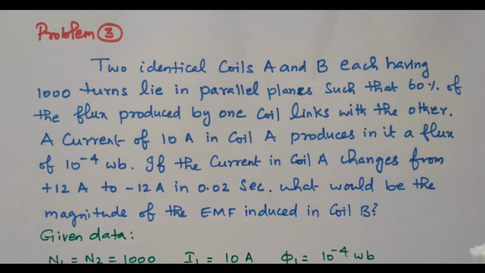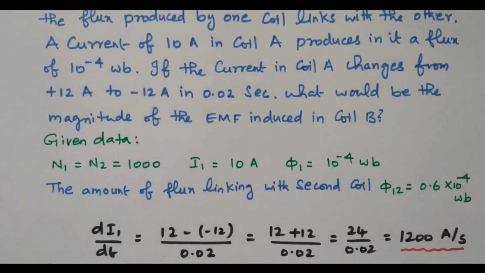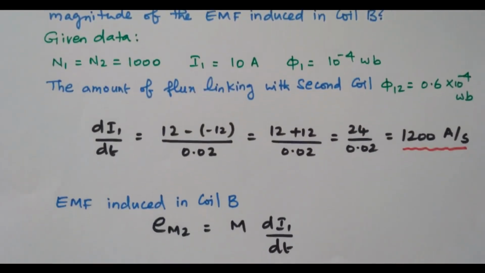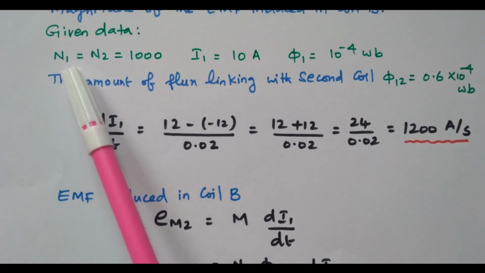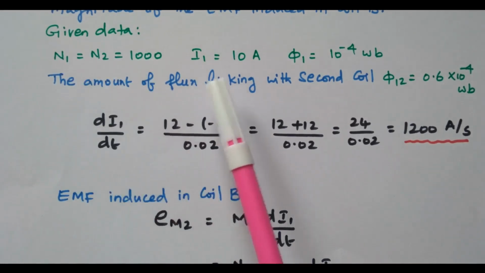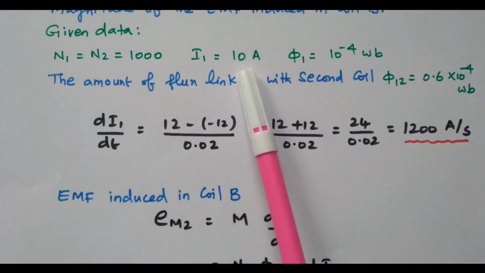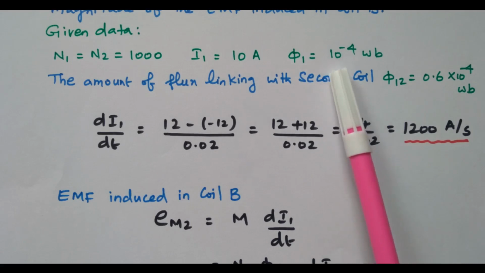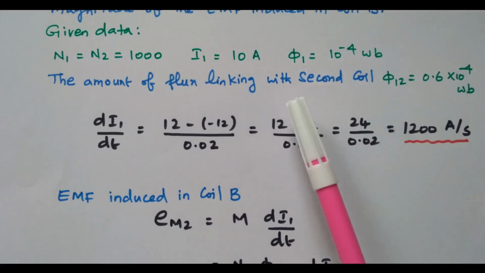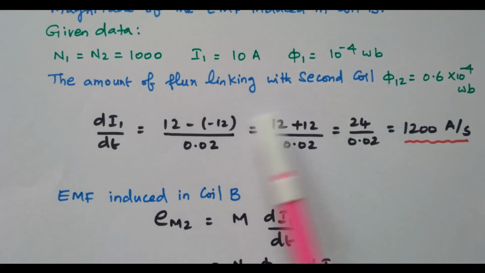Right? Now we'll see the given data. For N1 and N2, in both the coils, the number of turns is 1000. The current in the first coil is given as 10 ampere. The flux in the first coil is given as 10 to the power minus 4 Weber. And one more data is given, 60% of flux is linked.